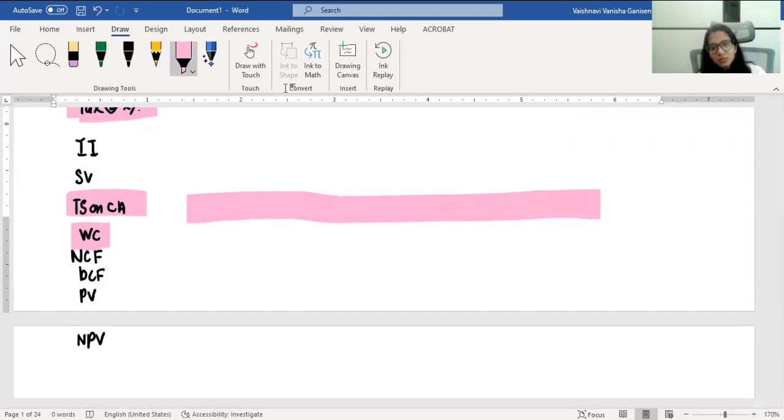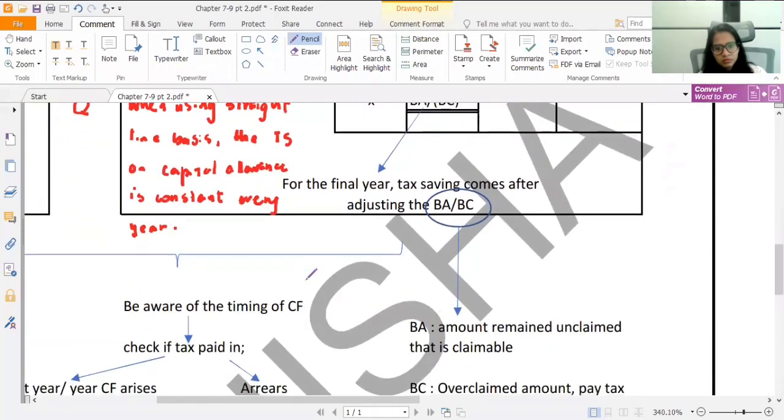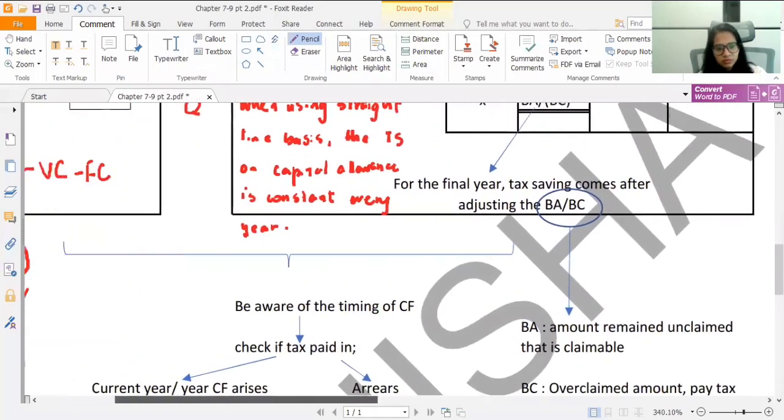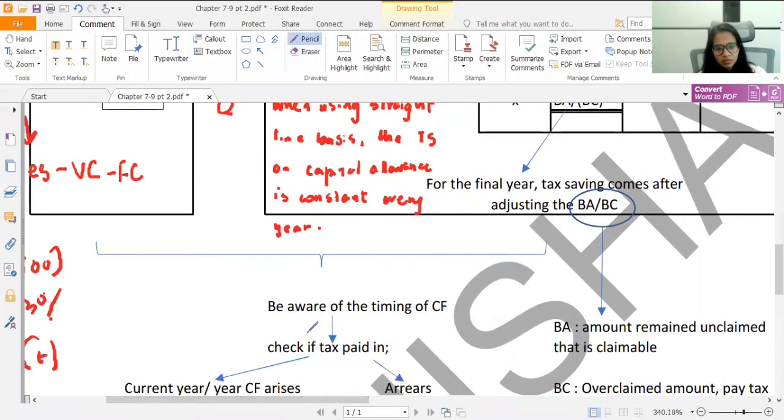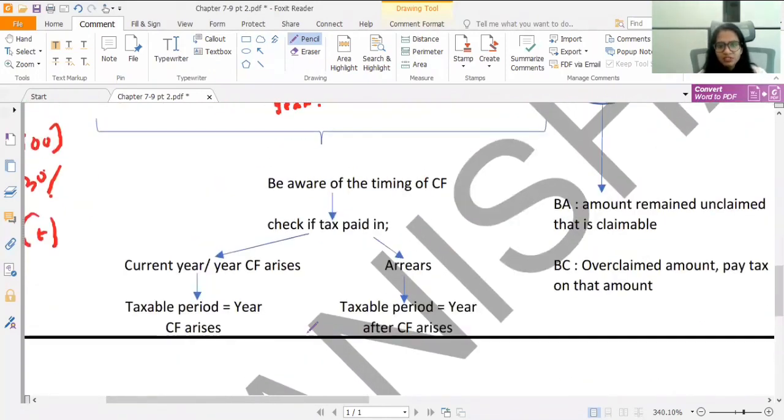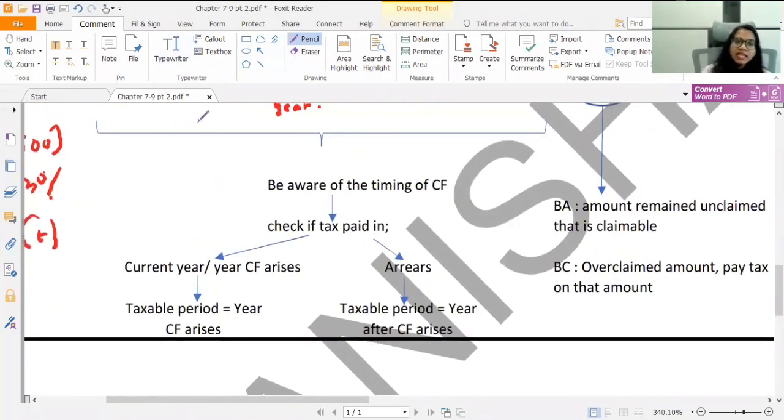Okay. Now I need to explain another more important thing for you, which is the timing of cash flow. So guys, for the purpose of your FM paper, you need to be careful about the timing of cash flow.